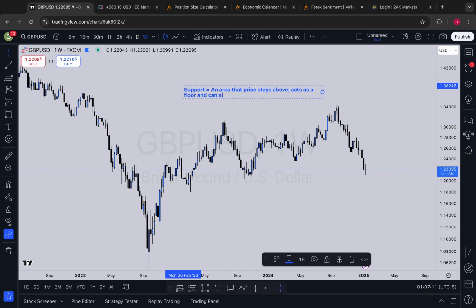Acts as a floor, and can also turn into a resistance. Okay, and a resistance is an area that price stays below.